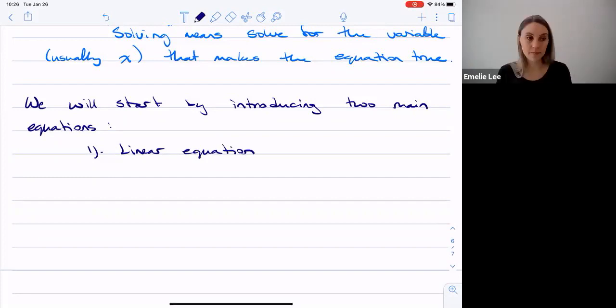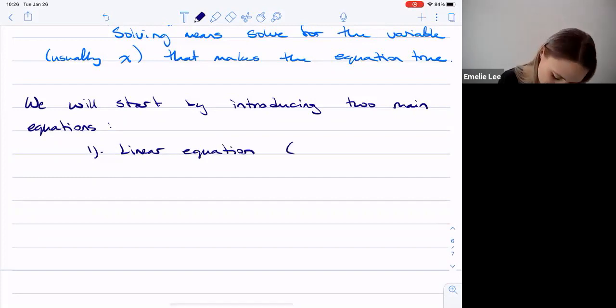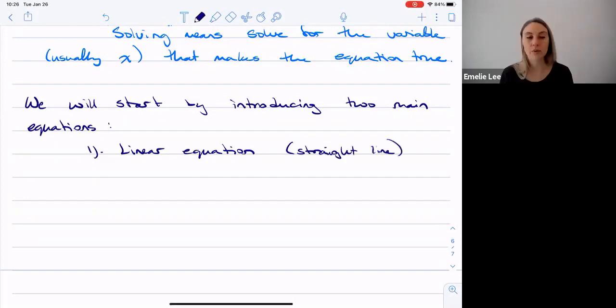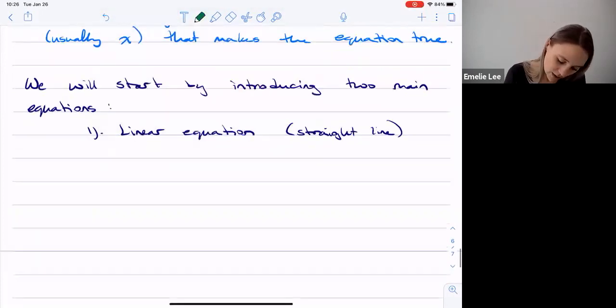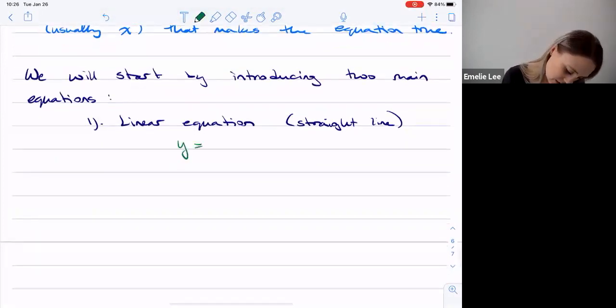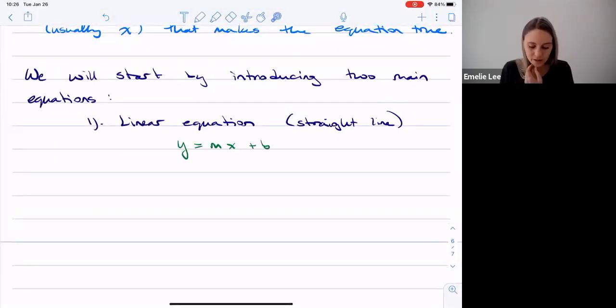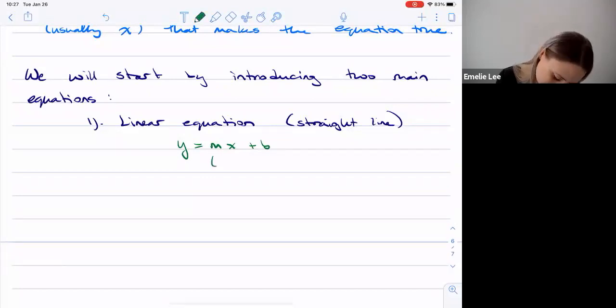A linear equation is a straight line, if you're thinking about it graphically, and it's going to have the form y equals mx plus b, where m is the slope. You might remember y equals mx plus b: m is the slope and b is the y-intercept.